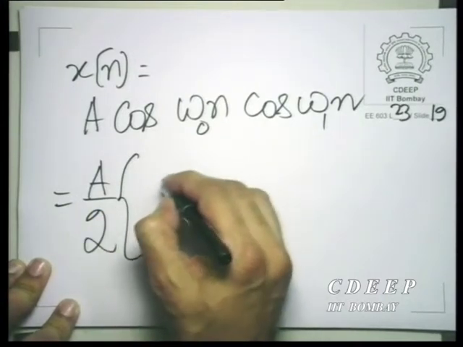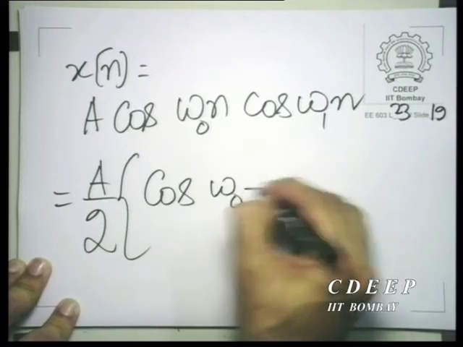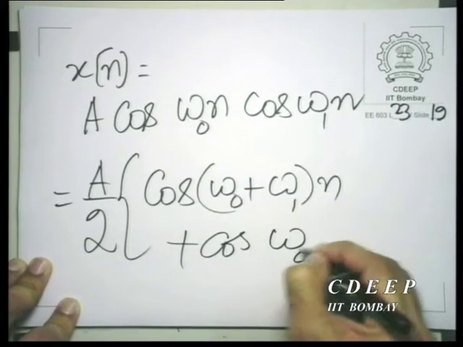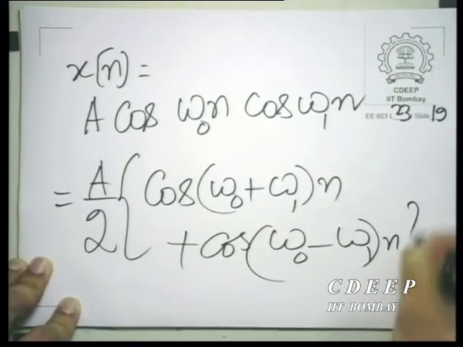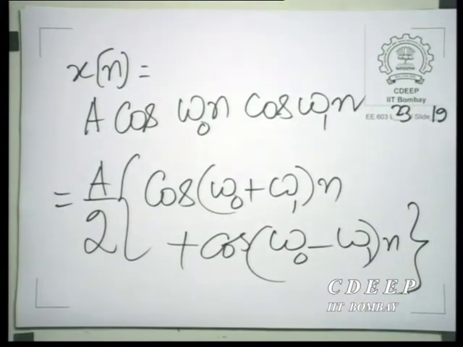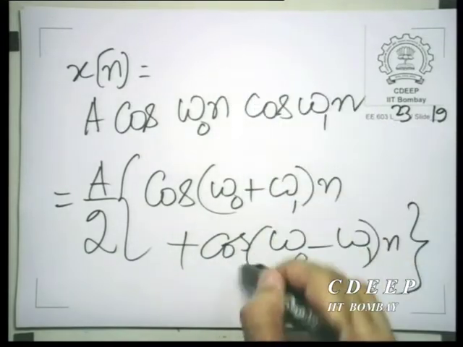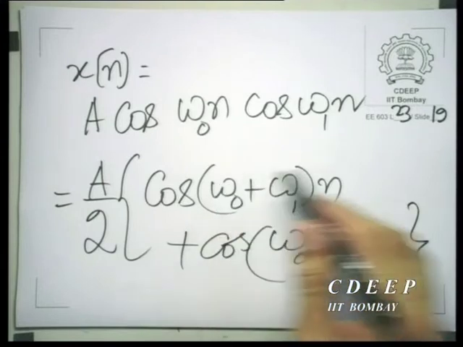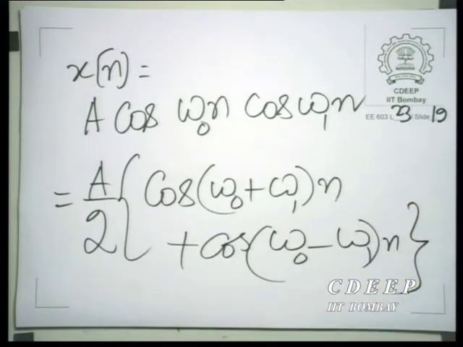So it is cos of omega naught plus omega 1 times n plus cos of omega naught minus omega 1 times n. So a product of two sinusoids, which was given to be the input, is actually a sum of two sinusoids as well, with frequencies omega naught plus omega 1 and omega naught minus omega 1.